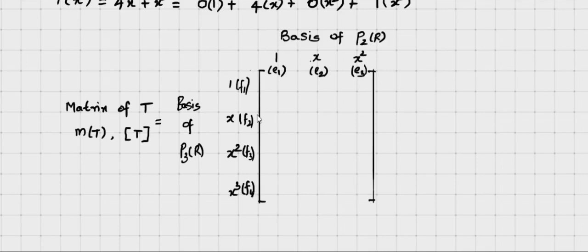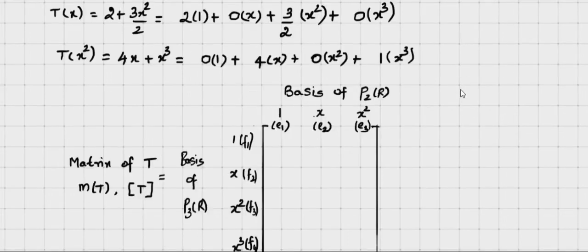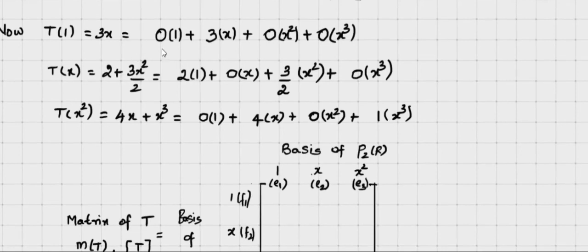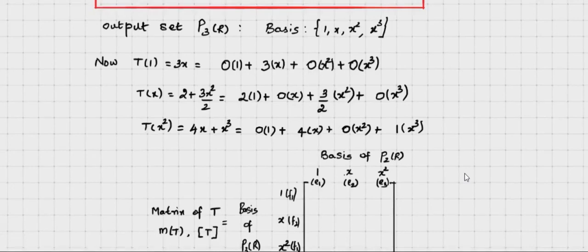See, our work is very simple. You are going to see the first output, okay? That is T of 1. What is the result of T of 1 here? Just check it out. This is the linear combination, right? So simply we are going to write this column wise, the coefficients in order. See, I am just zooming out.